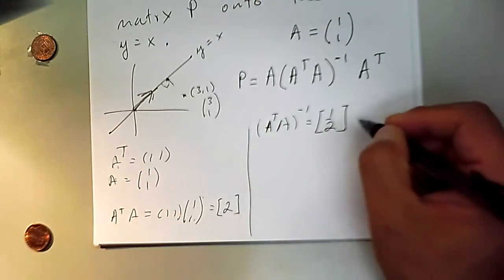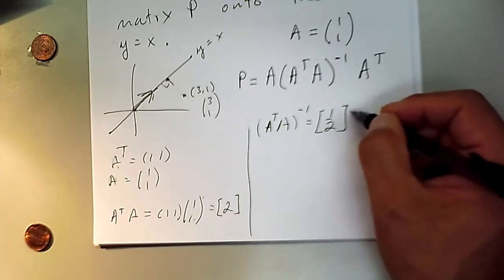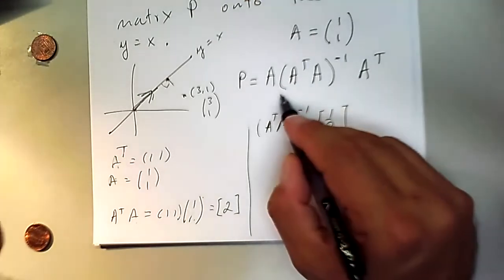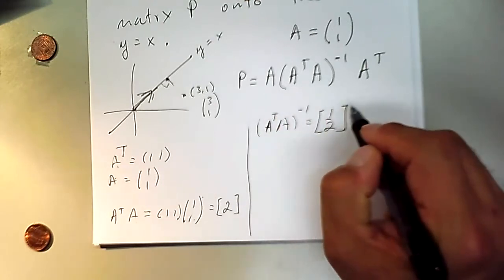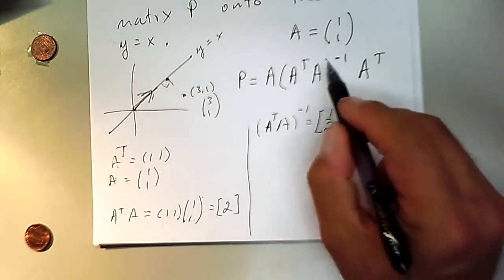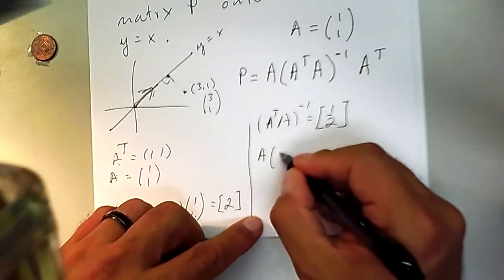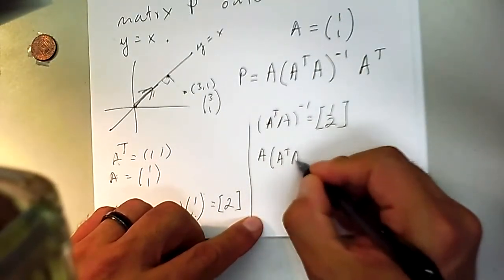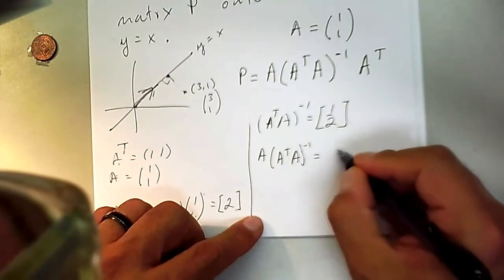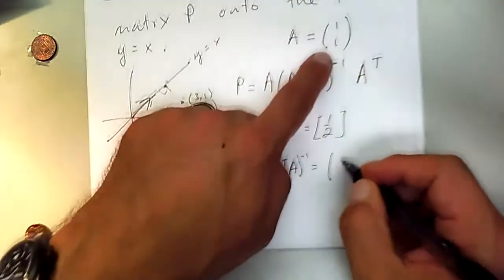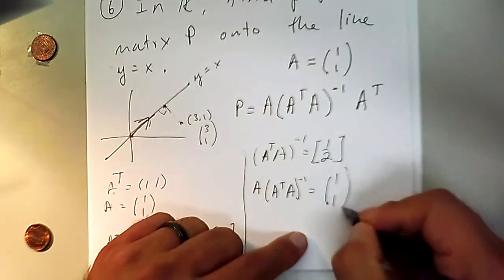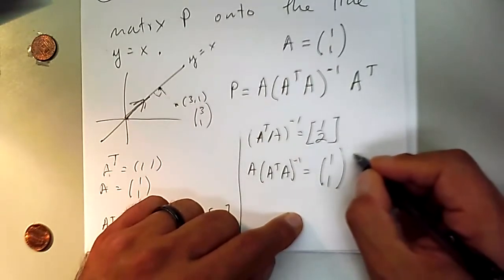So this is a 1 by 1 matrix. And then multiply by A on the left. Yep. So A times A transpose A inverse is, so A is, remember, 1, 1. But then we're going to multiply by the 1 by 1 matrix.